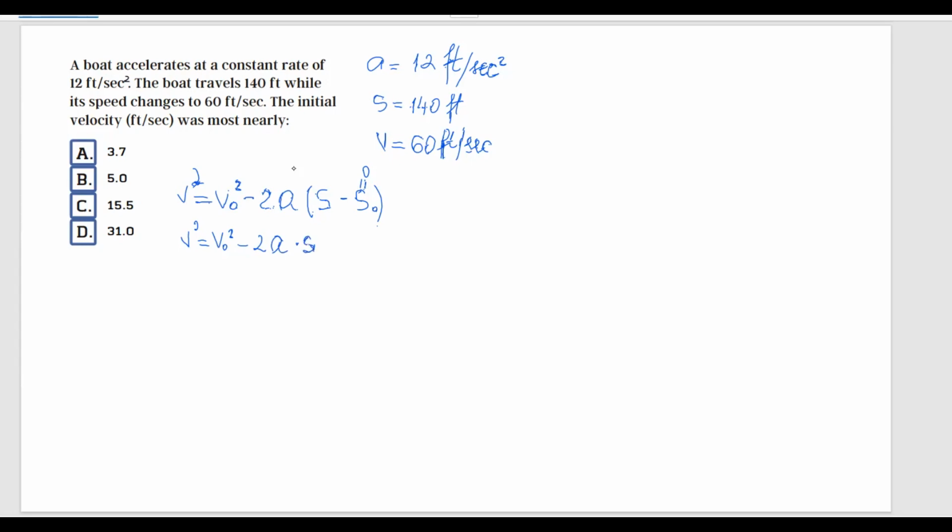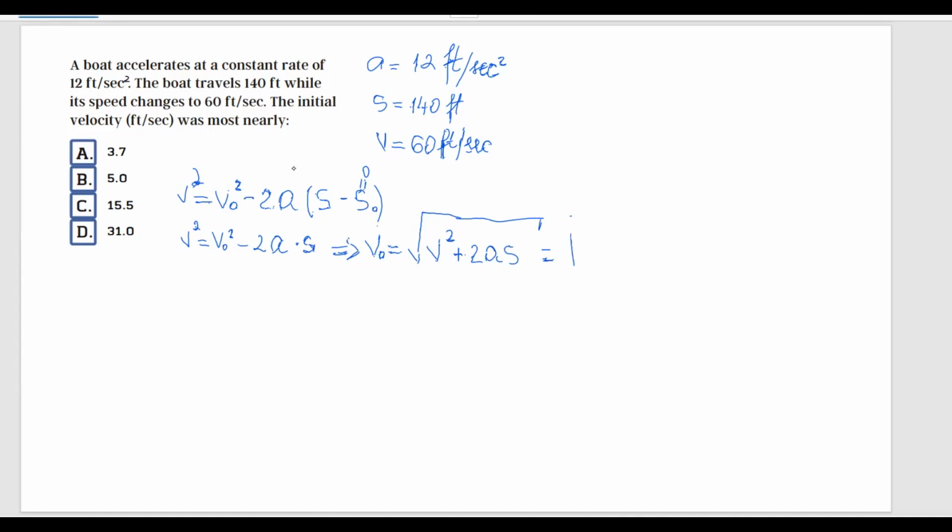So now from this formula, we have to calculate for V0. So from here, I'm going to continue and say that V0 equals the square root of V squared plus 2AS. And this equals, so let's go ahead and substitute what is given in the problem.